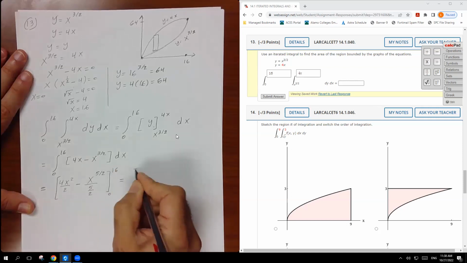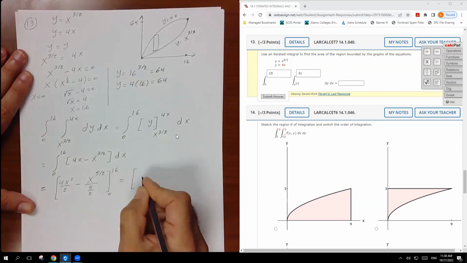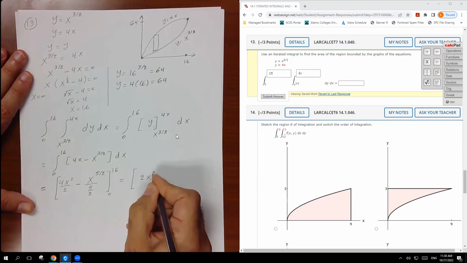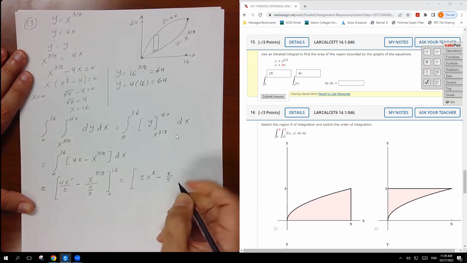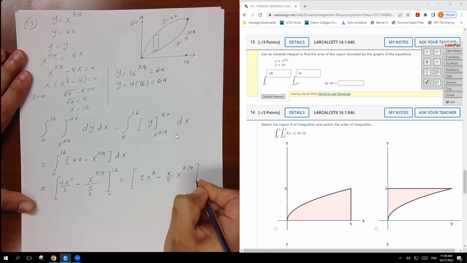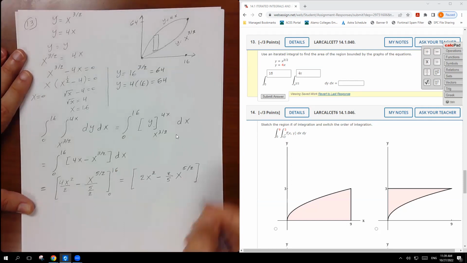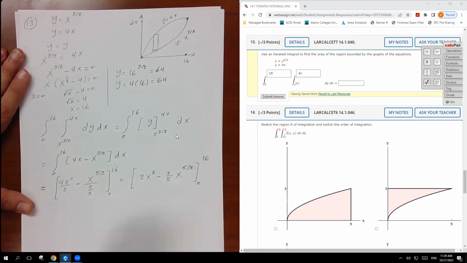Let's simplify this one before we plug in, because this one is 2x squared minus 2/5 x^(5/2), from 0 to 16.